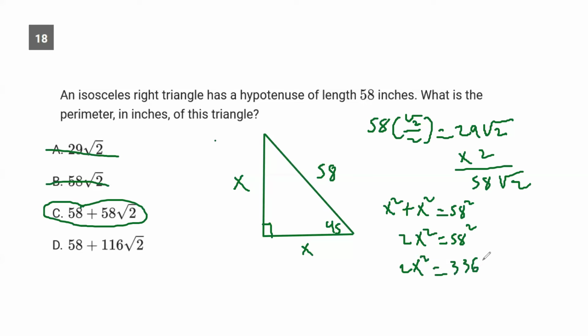Again, I did that in the calculator, not in my head. Then you can divide by 2, and you get x² equals 1682. And then you square root, and you can find it, but that is going to take way longer. The important thing is to know 45, 45, 90 is x√2. So to go from hypotenuse to the side lengths, you multiply by √2, divide by 2, and you'll get C.